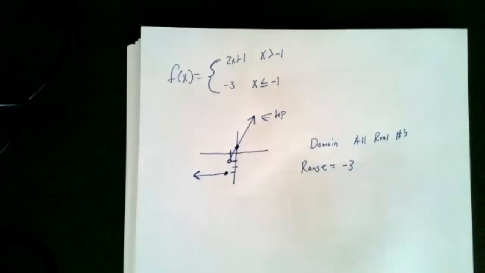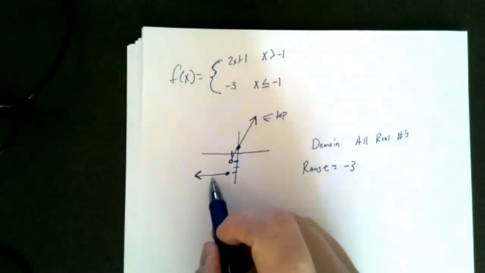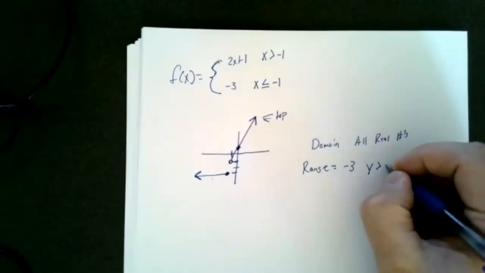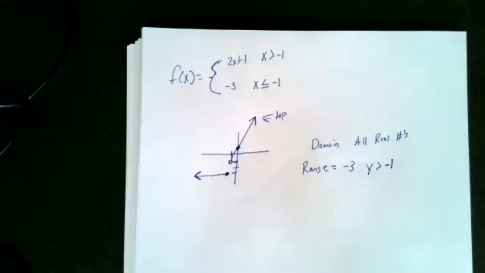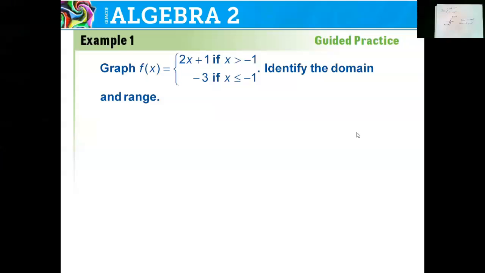So it has to encompass -3 for the bottom here, and then y is greater than -1. Okay, and there's multiple different ways to express the range. You just want to have that information listed to answer the question, since the question asked for it.